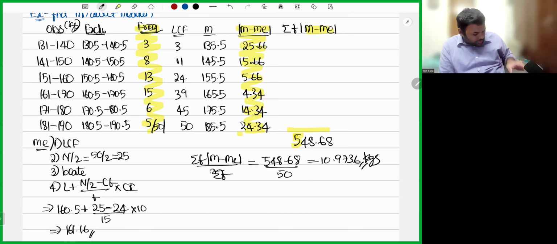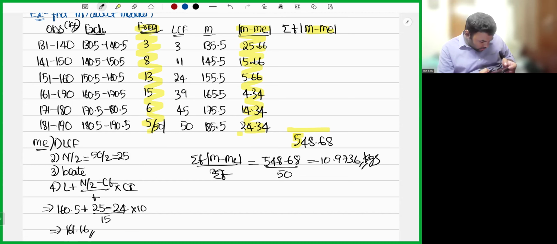Okay. Now, one question is homework. I'll share that question in your group. Just solve it today. I hope you can do discrete data. I'm giving one discrete data question and one continuous data question.